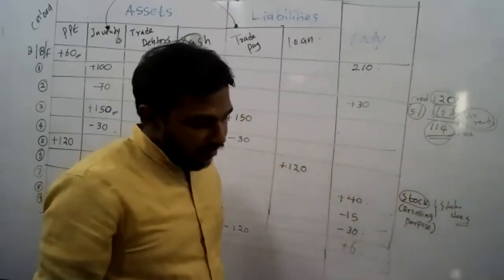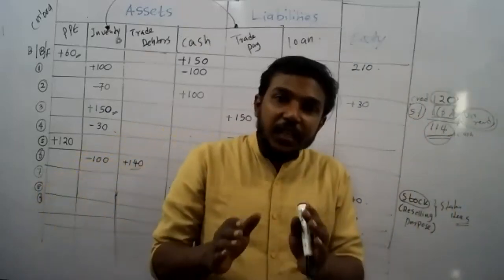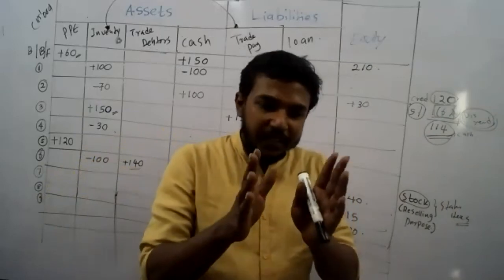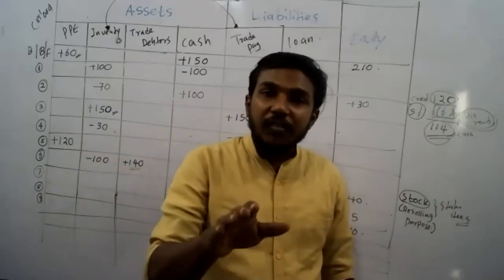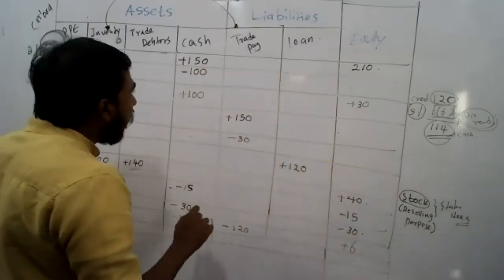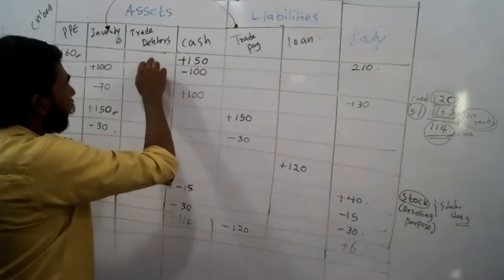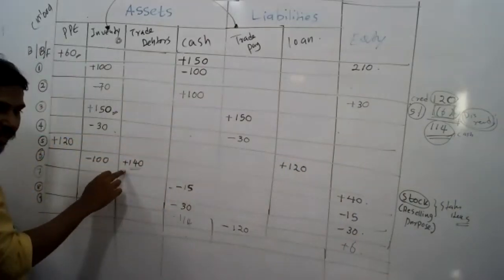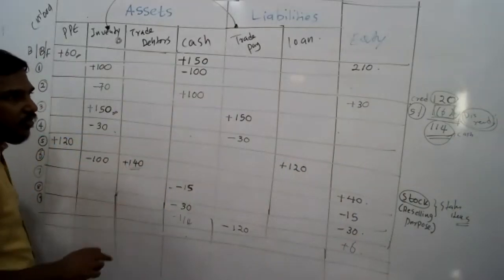Again, read it: received the amount from debtors after allowing a discount of 5%.